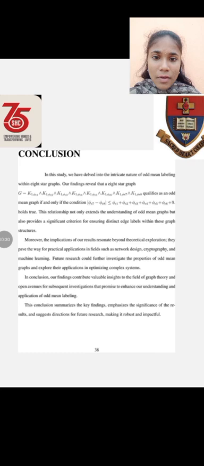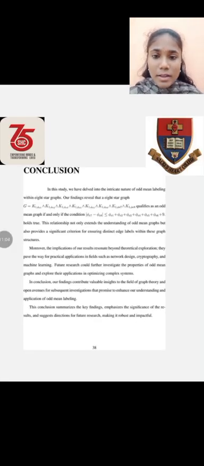Conclusion: in this study, we have delved into the intricate nature of odd-edge labeling within the 8-star graph. Our findings reveal that the 8-star graph G equals K1,π e1 ∪ K1,π e2 ∪ K1,π e3 ∪ K1,π e4 ∪ K1,π e5 ∪ K1,π e6 ∪ K1,π e7 ∪ K1,π e8 qualifies as an odd-edge graph if and only if the condition modulus π e7 minus π e8 is less than or equal to π e1 plus π e2 plus π e3 plus π e4 plus π e5 plus π e6 plus 9 holds true.